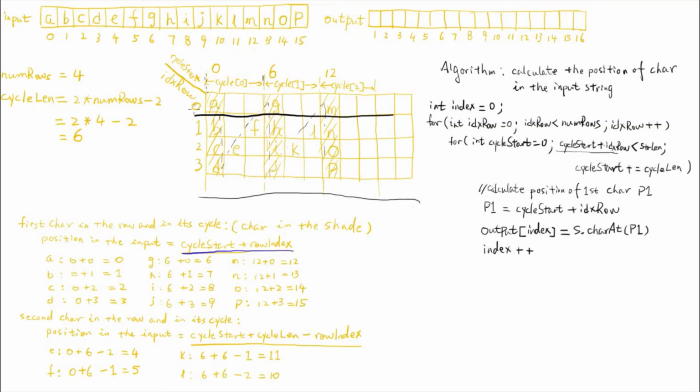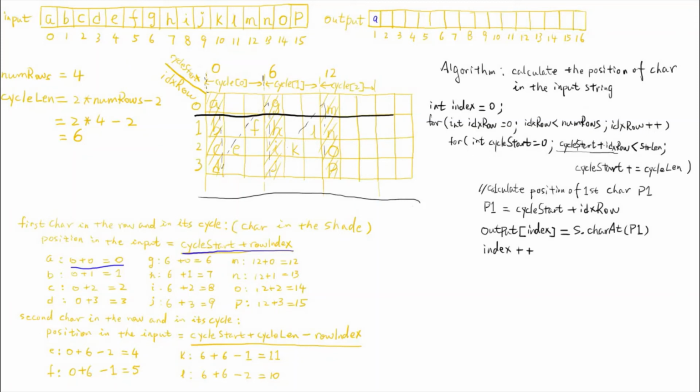For example, at the row 0 and the cycle 0, the position for the first character is 0 plus 0 equal to 0. So at the position 0 in the input string is A. We put A in the output. Then we move to the next empty spot.